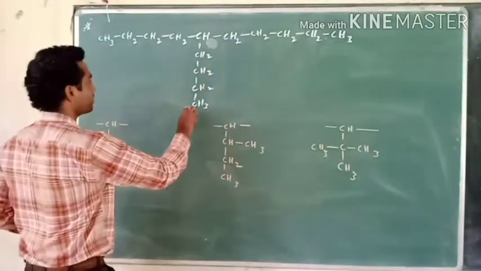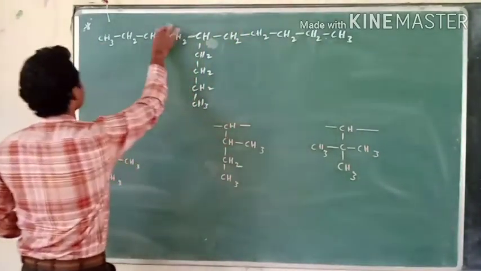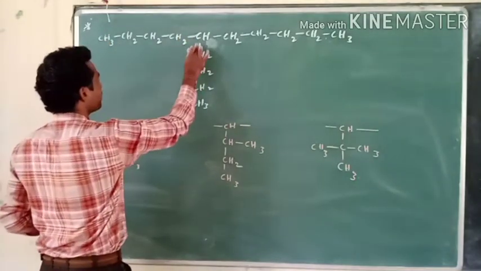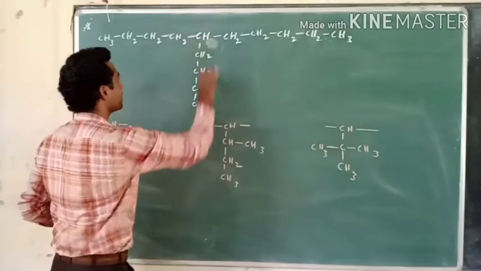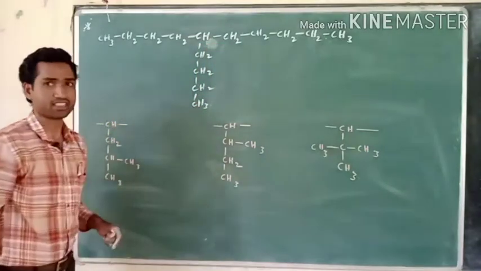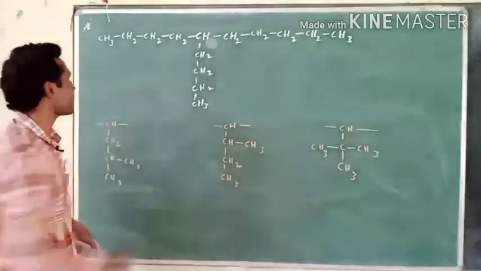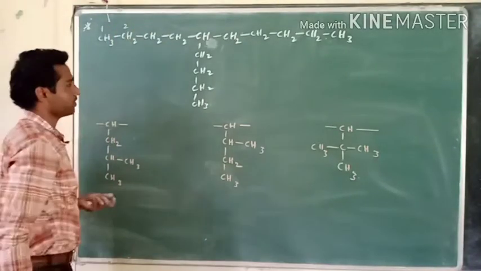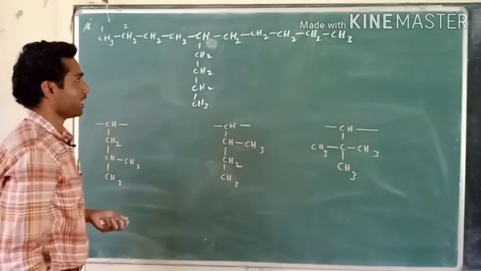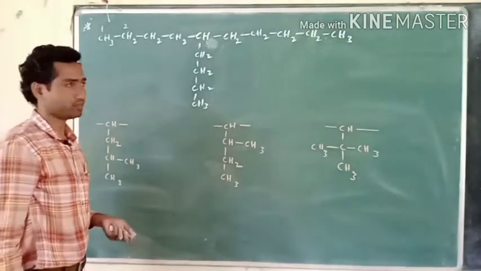If I take this chain, you will get a 4 carbon bearing substituent. If I take the longest carbon chain, then I will get the same substituent at the same position. Therefore I am going to consider this straight chain as the longest carbon chain. Now you have to number the longest carbon chain.